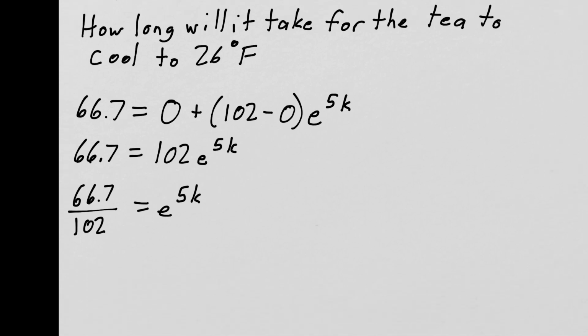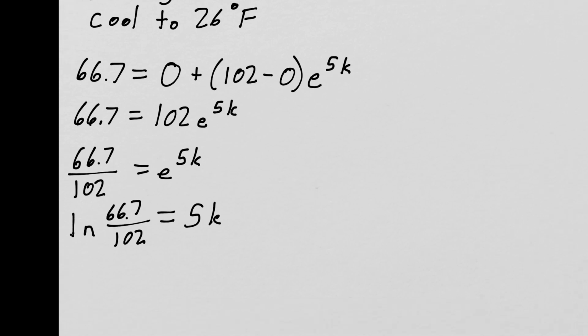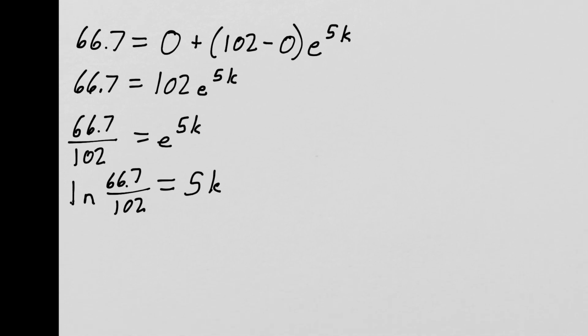Take the natural log of both sides. So ln of 66.7 over 102 is equal to 5k. And then I am still leaving this literal, but I'm going to go in after this and punch it into the calculator. Divide both sides by 5.